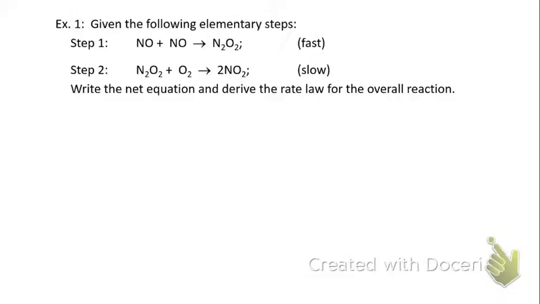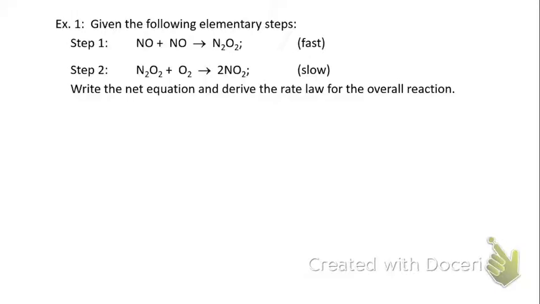However, if you do have elementary steps, you can use those individual steps to determine the rate law and the order of the chemical reaction. All right? And so that's what we're going to do here. We're going to use this mechanism that we see here on this page, with the two elementary steps, in order to determine the rate law for this reaction. Okay?